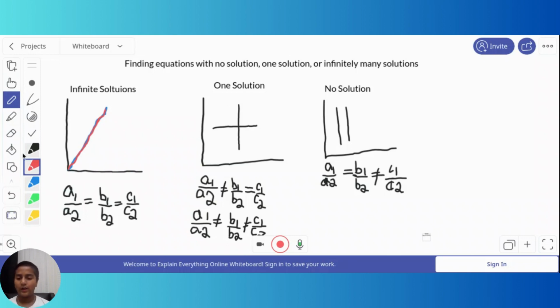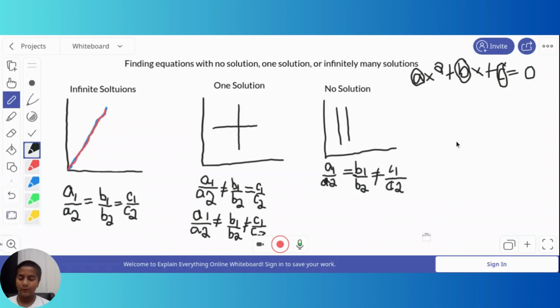I'm pretty sure you all have heard of the quadratic equation, ax squared plus bx plus c equals 0, in which a is the coefficient of x squared, b is the coefficient of x, and c is our constant numerical value.